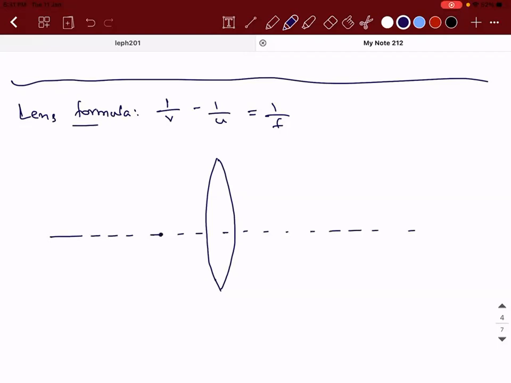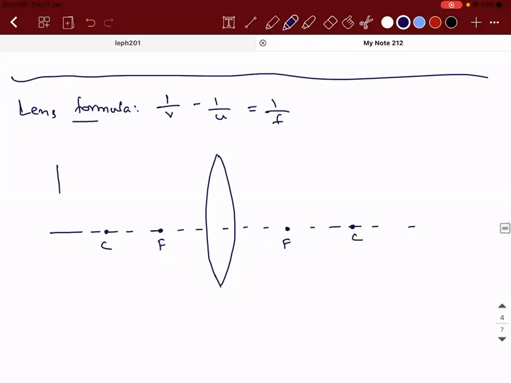Let's say this is the focus, this is the center of curvature. If an object is placed beyond the center of curvature, and you take a ray parallel to the principal axis, after refraction where will it pass?